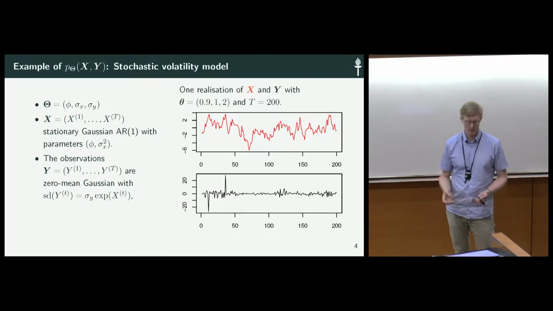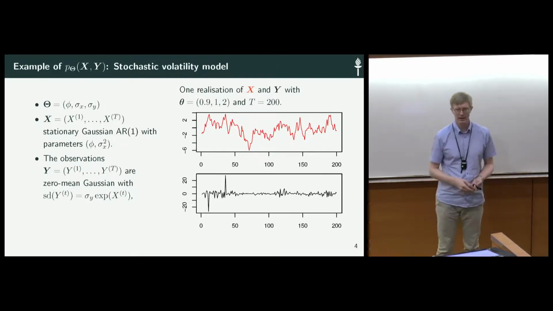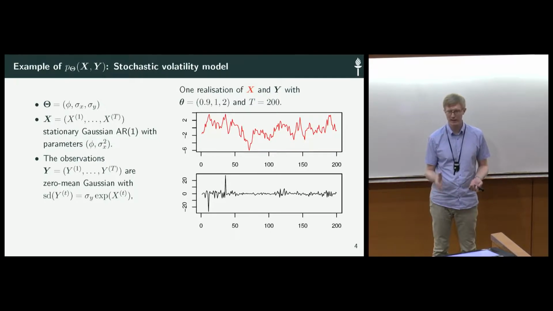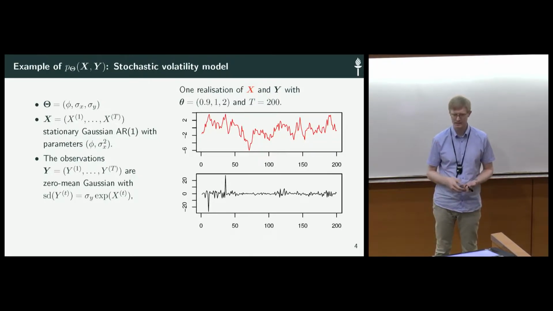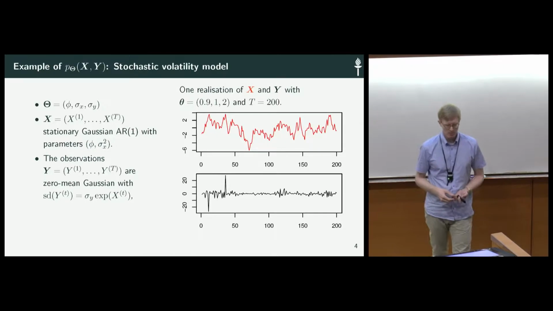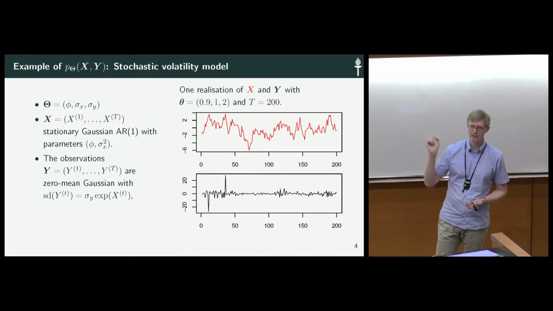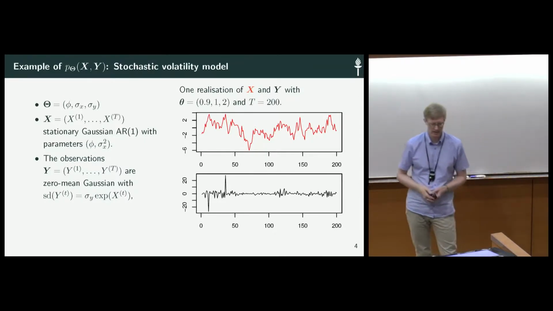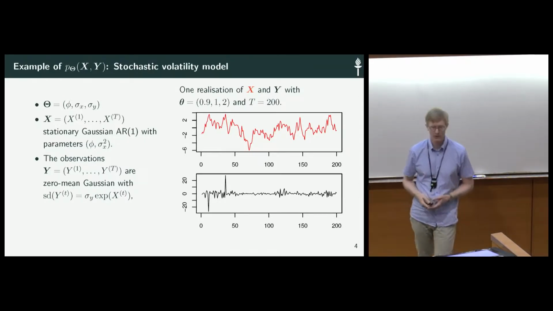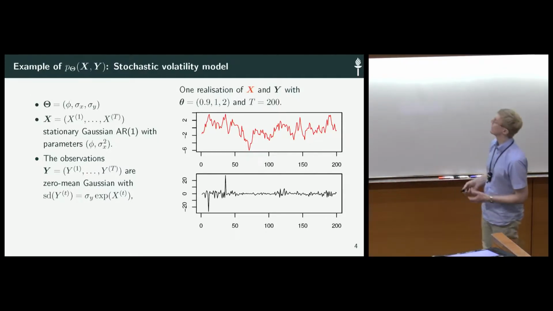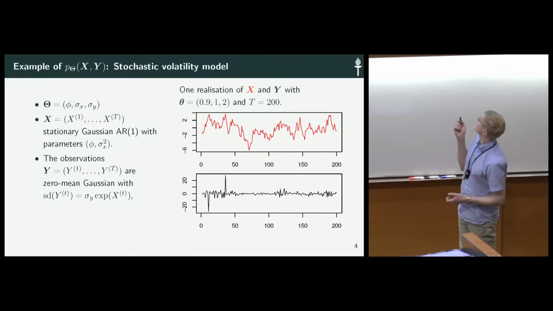And then the observations follow again a Gaussian distribution, and actually even a zero mean in this case. This is a simplified model, but the variance changes. Basically, it depends on the current value of the latent variable x. So the higher x is, the more fluctuations you see in the output there. So y is here in black.